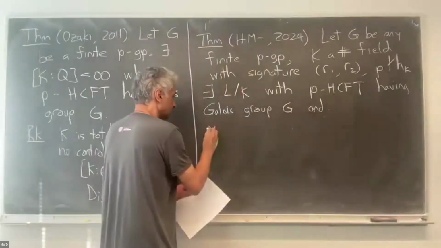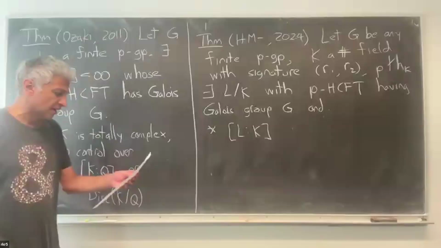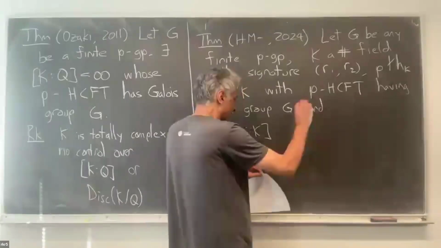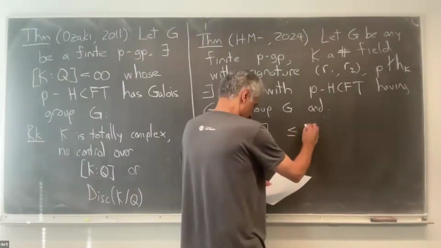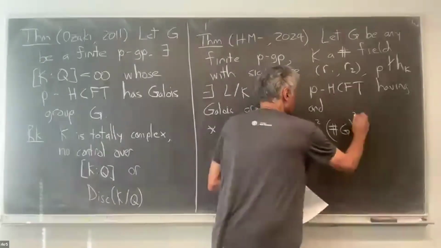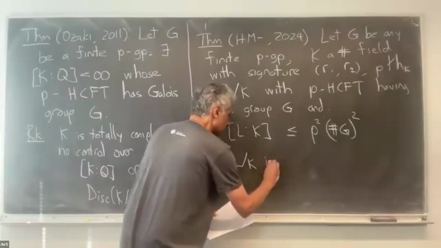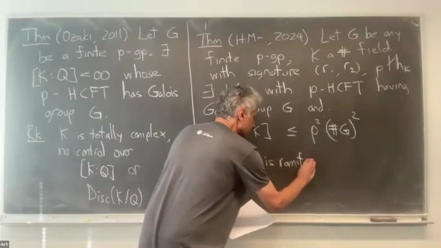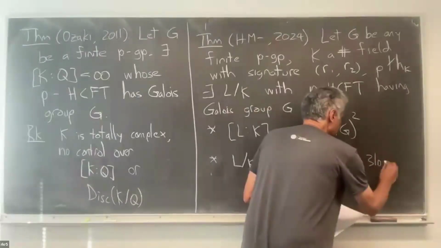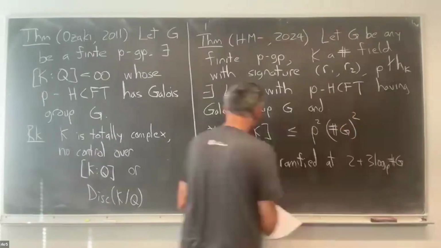And there's various cases depending on whether the p roots of unity are in the field or not, but I'm not going to really worry about that. I'm just going to write down some sort of max type thing. L over K is ramified at at most 2 plus log base p of 3 times log base p of the cardinality of G primes.